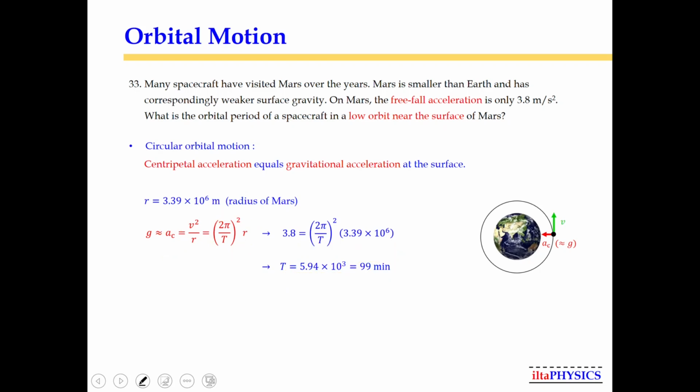In the case of a satellite orbiting in a low orbit close to the surface of a planet, because the size of the planet is so large, it is a type of problem using the fact that the centripetal acceleration of the satellite's circular motion is equal to the gravitational acceleration or free fall acceleration with which the planet pulls the satellite.